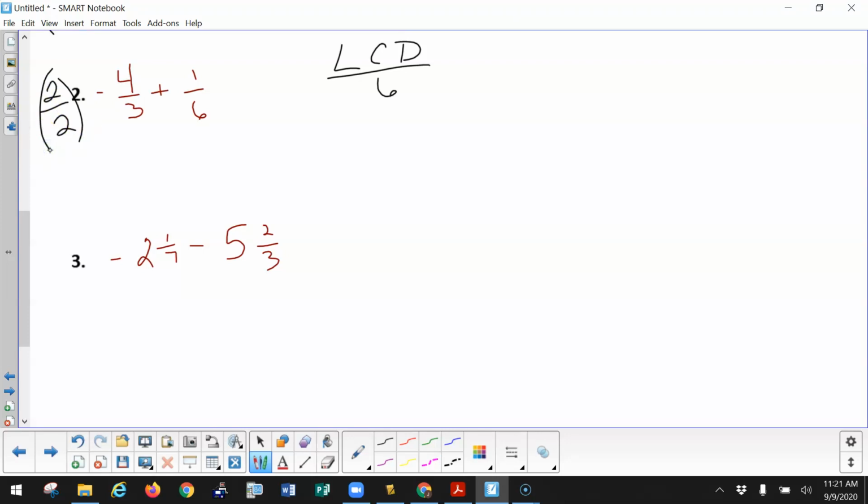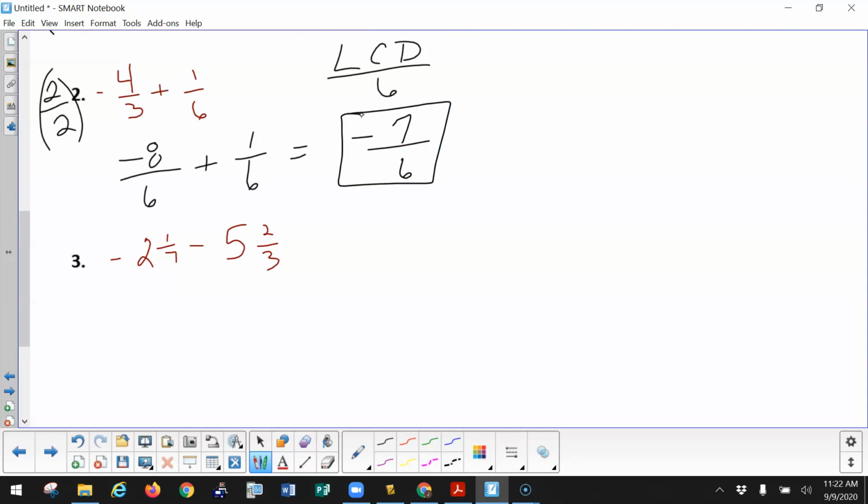Because I need to change this 3 to a 6. So 2 times -4 will give me -8. And 2 times 3 will give me 6, plus my 1/6. So now I have a -8 plus 1, which is -7. And then you keep your denominator.